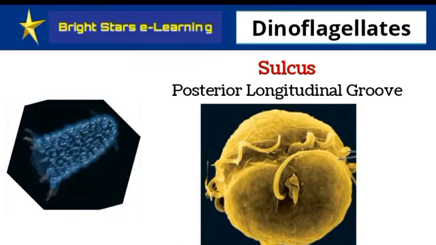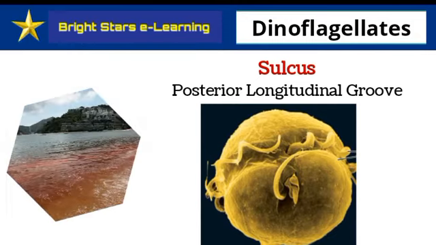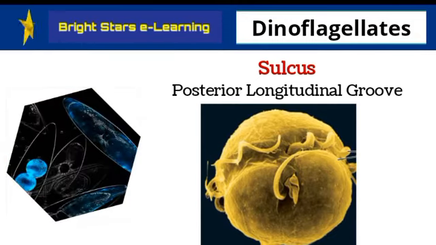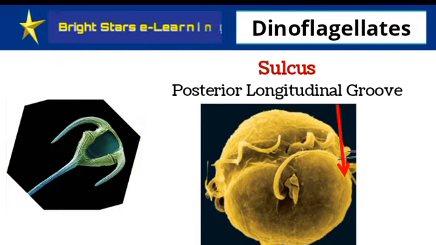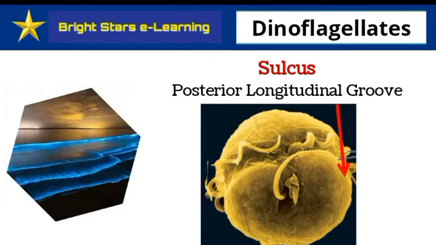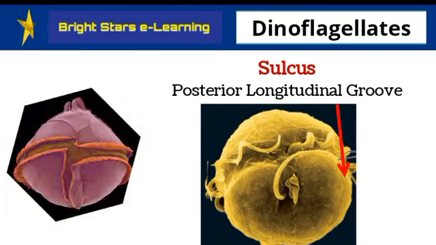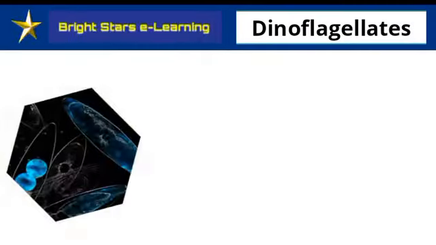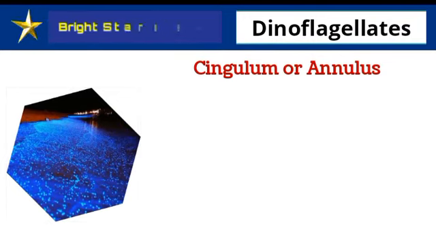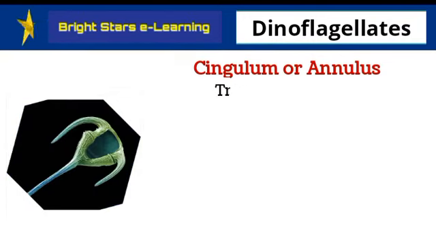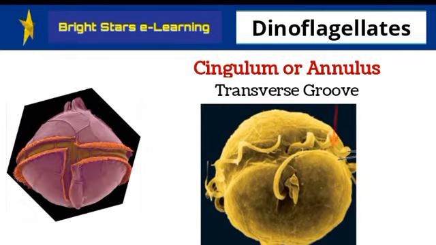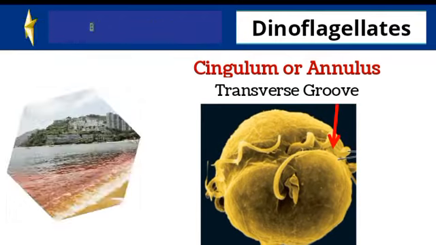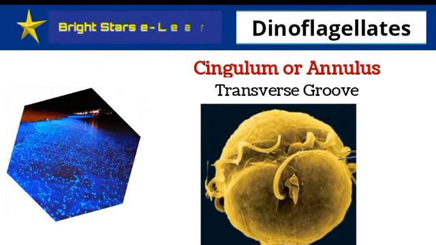Posterior means bottom side, longitudinal means along the long axis. One canal-like structure is present in which a smooth flagellum is situated. We call this part the sulcus. Another thing is the cingulum or annulus. This is a transverse groove, a horizontal groove in which another kind of flagellum is present.